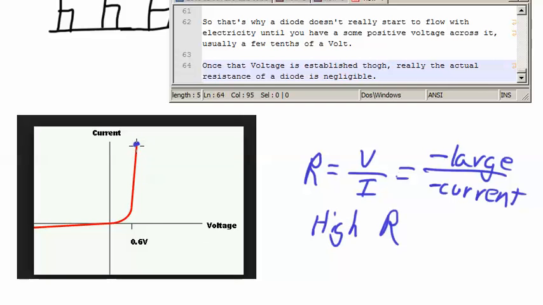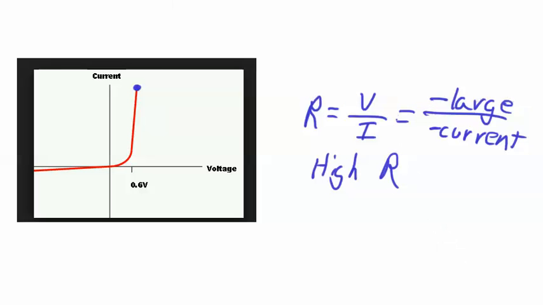And over here, resistance is voltage divided by current. We have a small positive voltage divided by a large positive current.